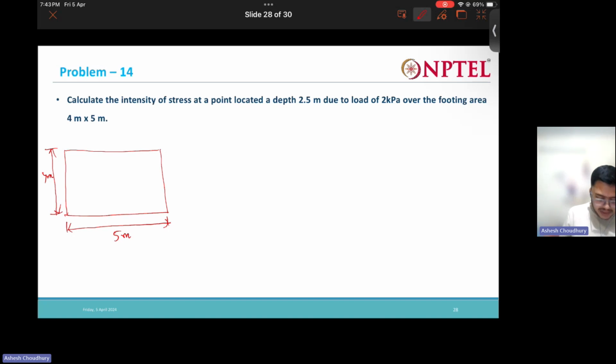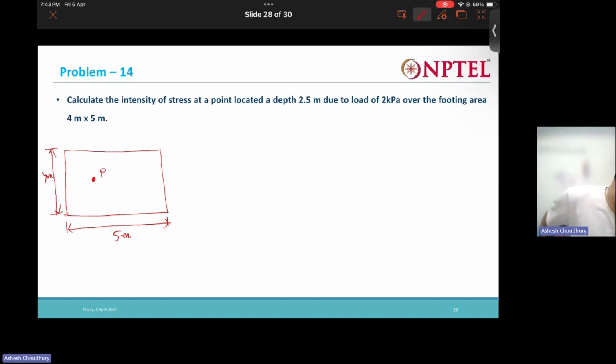Now the point P is the location of the point I am going to draw. So the point P is actually located here. So 2.5 meter below this point P which I have marked, there you have to find out the stress.